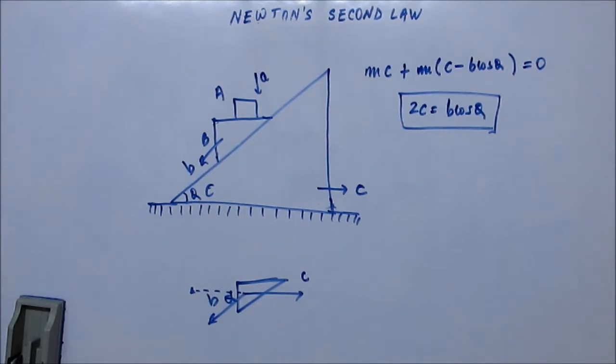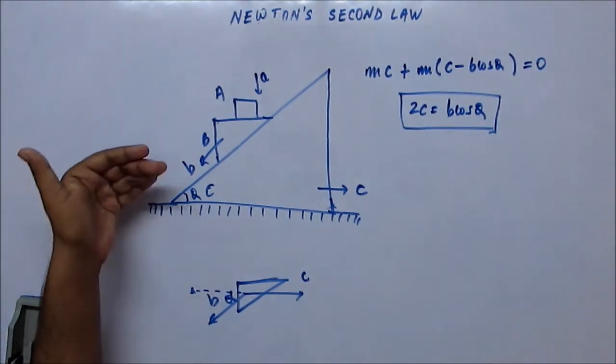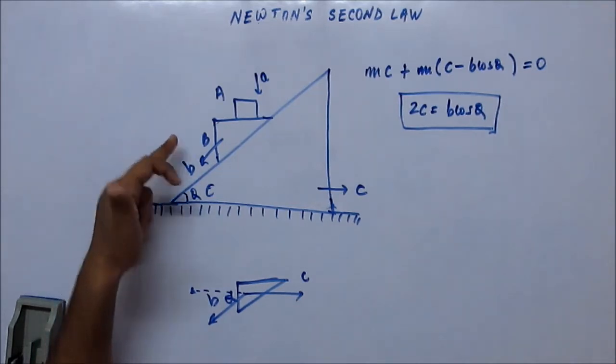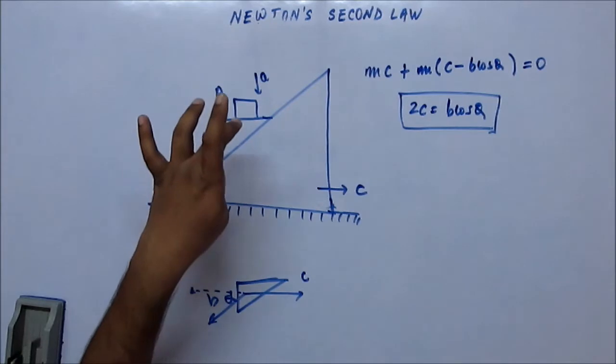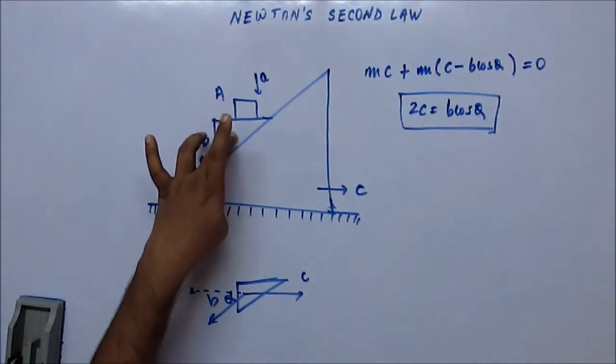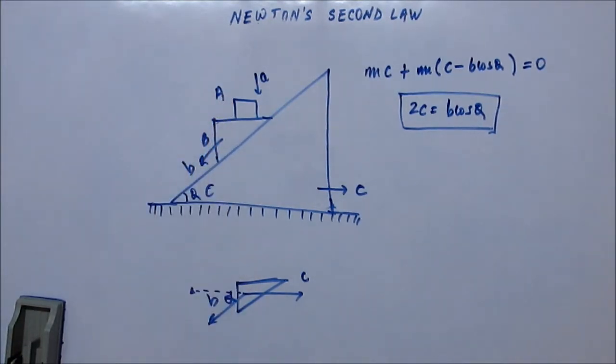Good. Now for the other relation, you have to write Newton's second law of motion for some other body in some other direction. So let's write Newton's second law of motion exclusively for body B. We have written for the entire system.